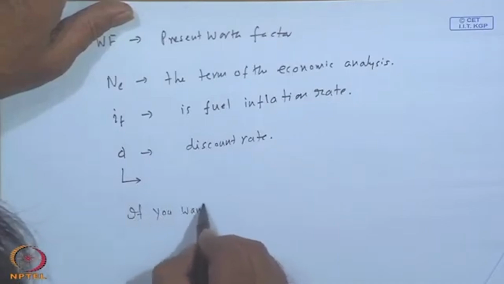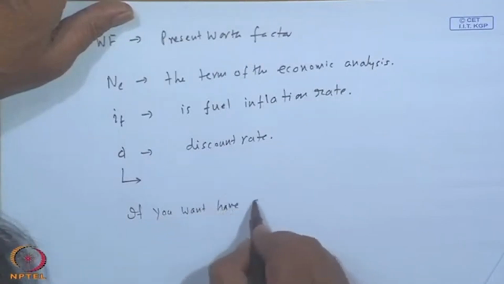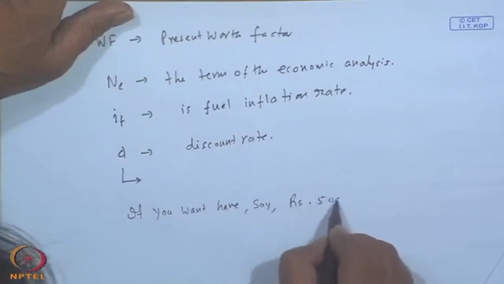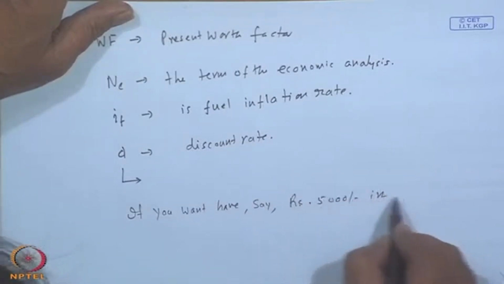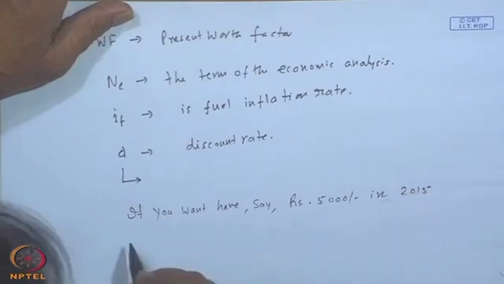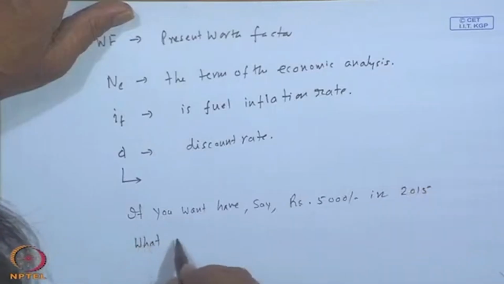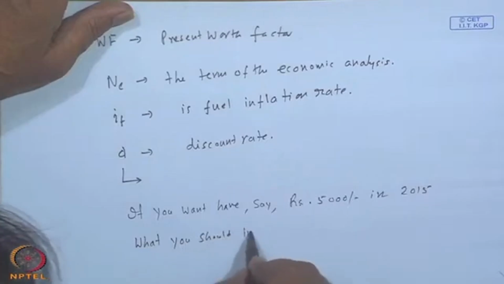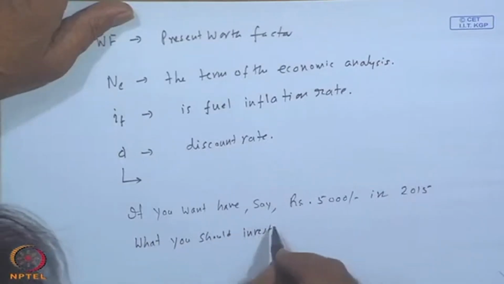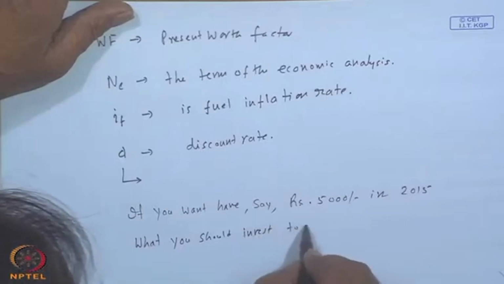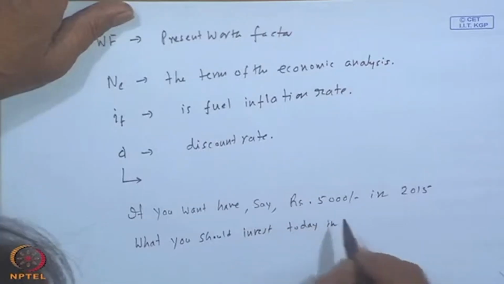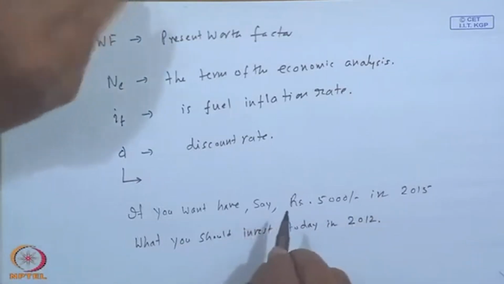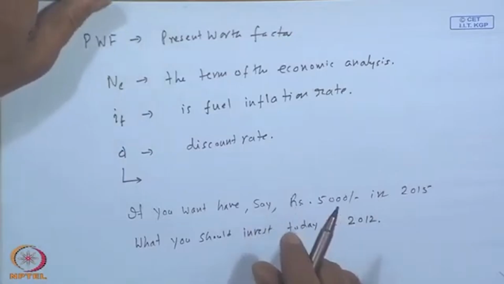This discount rate D is if you want to have, say, Rs 5000 in 2015, what you should invest in a bank or anywhere today, in let us say 2012. So, you want to have 5000 rupees 3 years later from today.